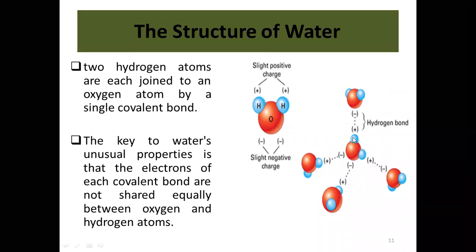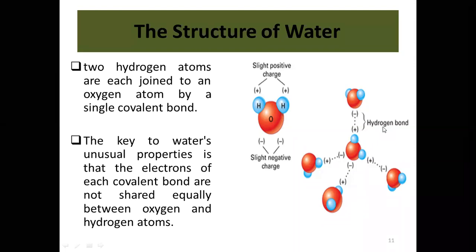So you have a hydrogen here, which forms an attraction with the oxygen atom of another water molecule, and also this side, the same orientation. And this attraction between a partially positive hydrogen atom of one water molecule with an oxygen atom, or the negative portion of another water molecule, is what is called a hydrogen bond.